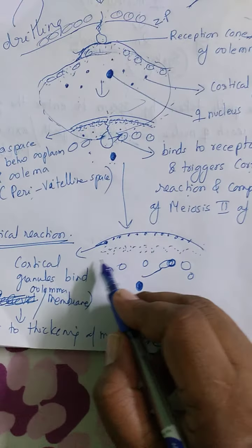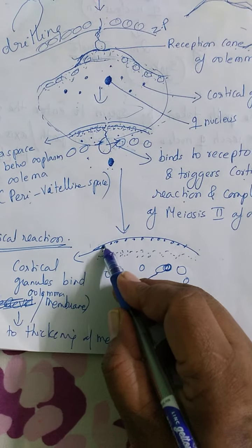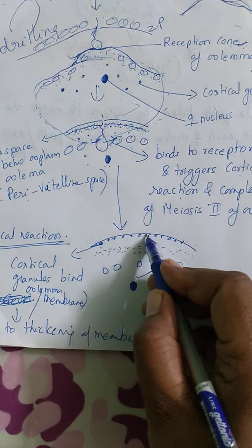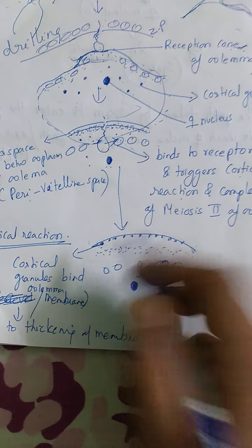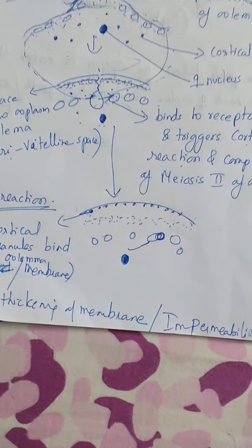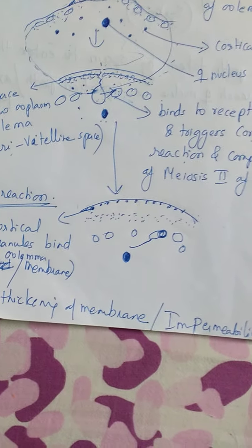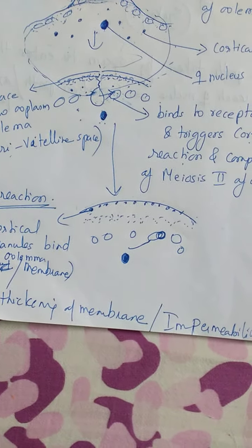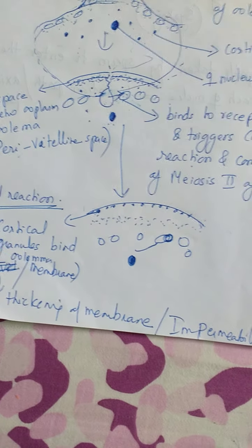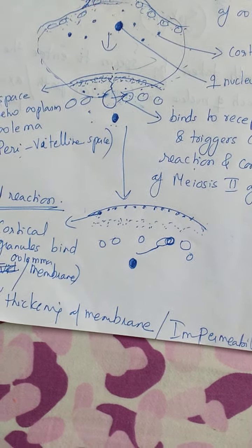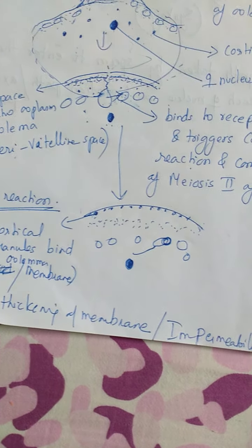What will happen is that the cortical granules will now go and bind to the inner side of the oolemma, and release certain enzymes that make the oolemma impermeable for other sperms to enter. It makes the oolemma, the membrane of the egg, very hard, so that no more sperms can enter inside.